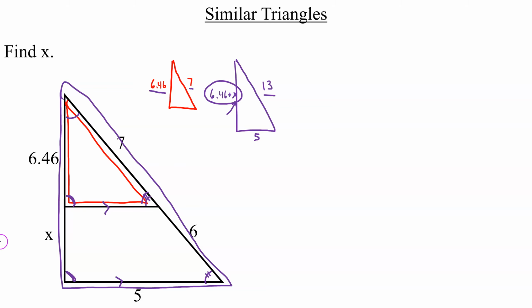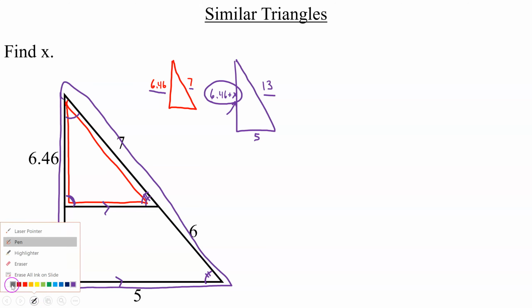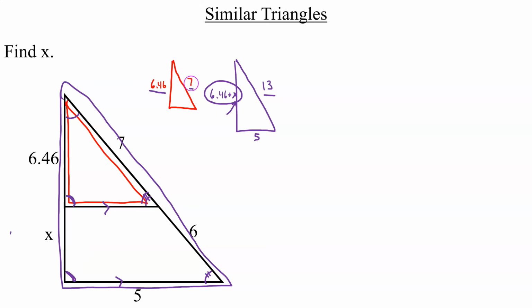So what we're going to do is set up a proportion. Again, there's several ways to set up a proportion, but I like to make a fraction out of one triangle and then have it equal to a fraction of another triangle. The book does it slightly differently, but you'll come up to the same place.